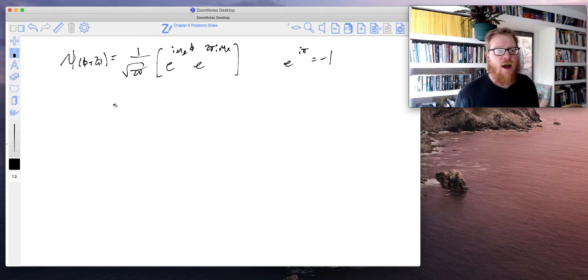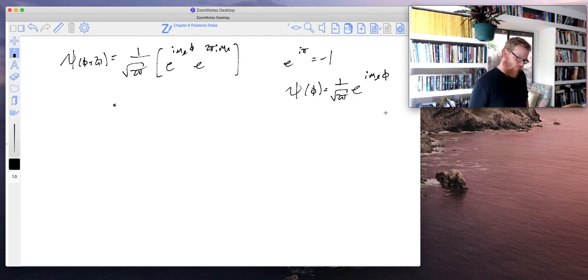And so also, I'm going to note that psi of phi equals 1 over root 2 pi e to the i ml phi. Okay, great. So now when I rewrite this, check it out. I've got a 1 over root 2 pi e to the i ml phi.